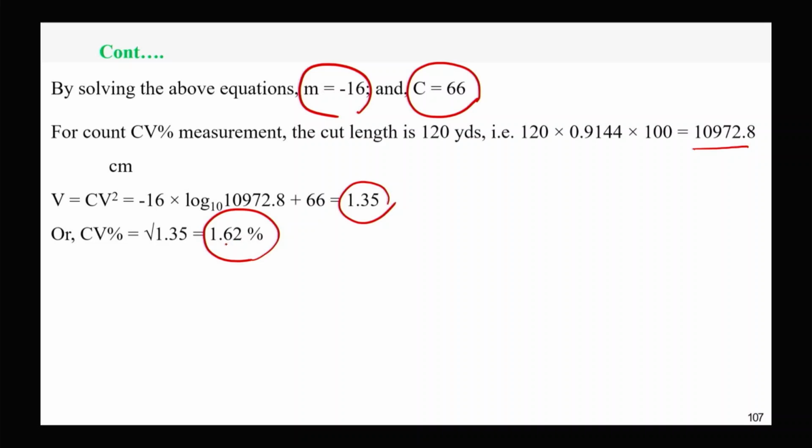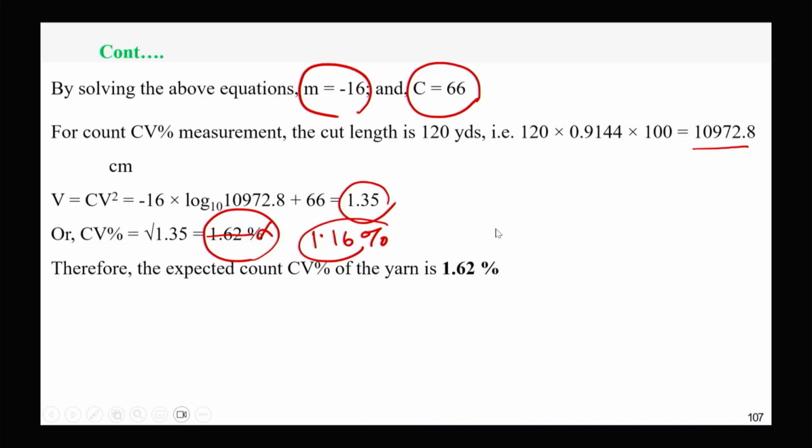It is 1.16%. Okay, the earlier value was wrong. So it is 1.16%. So we can get the count CV also. Without measuring the count CV, from the variance length curve, we can calculate it. This will become 1.16.